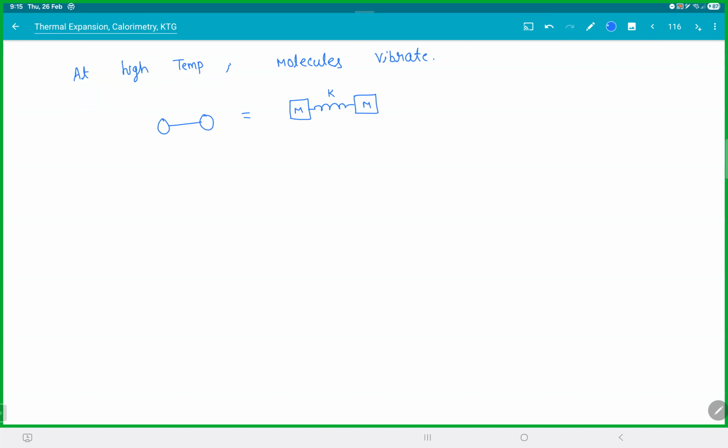So here the molecules are vibrating, so we have vibrational kinetic energy. This is called a vibrational mode. One vibrational mode has vibrational kinetic energy and vibrational potential energy, half kx square and half mv square, something of that.